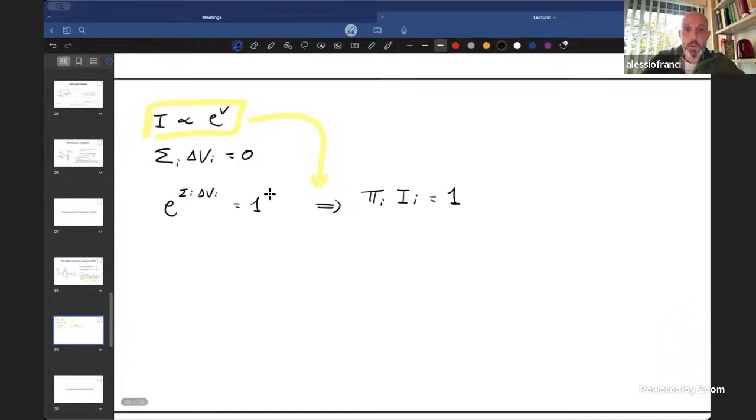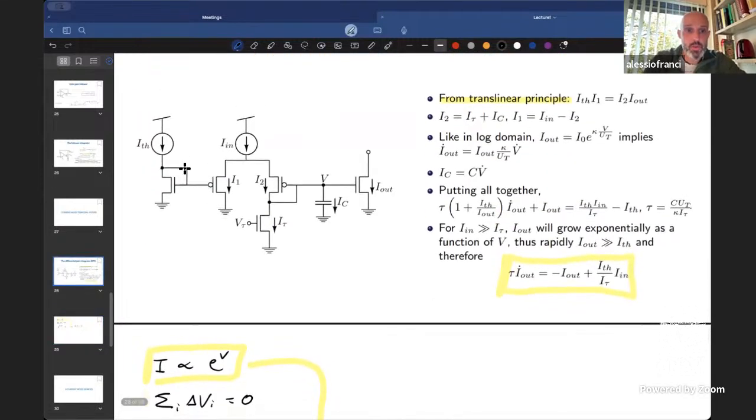So this simple observation, if you apply it to these circuits, gives you this relationship between the current that flows through this transistor and the current that flows here. So this is I threshold, this is I1, and so you have that the product I threshold times I1 must be equal to the product of I2 times I out.